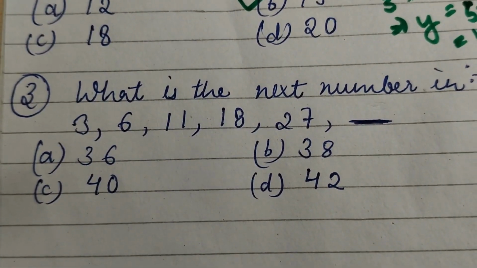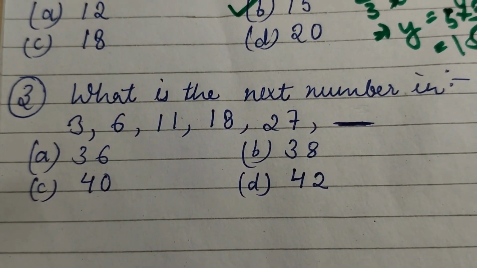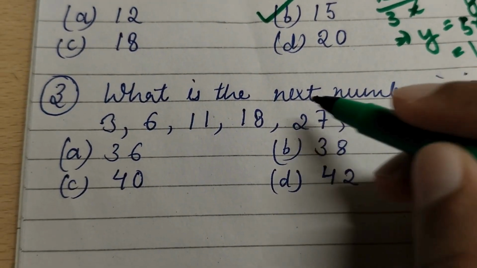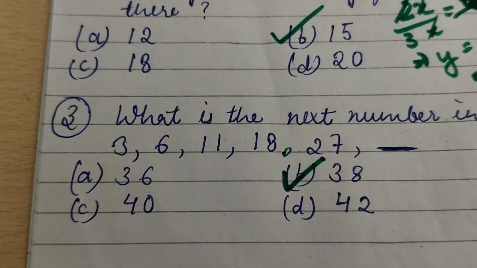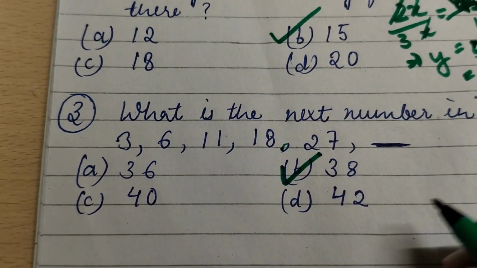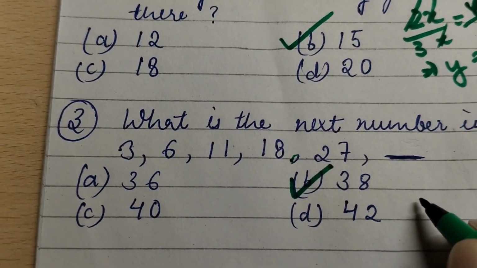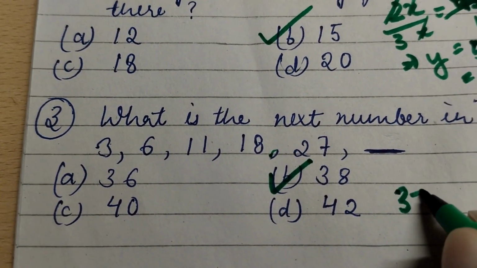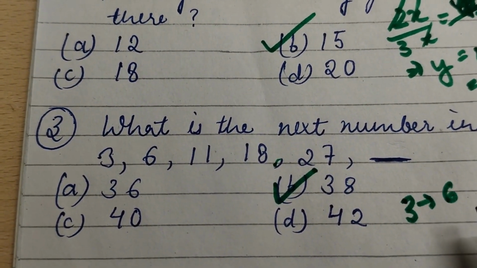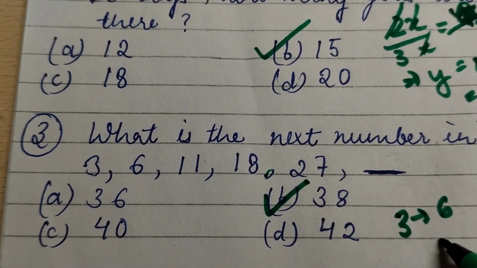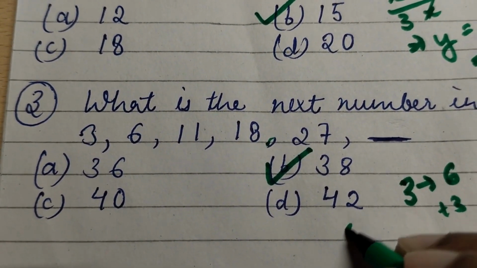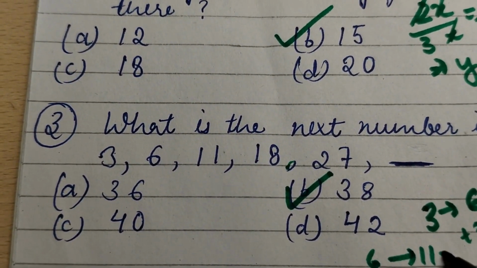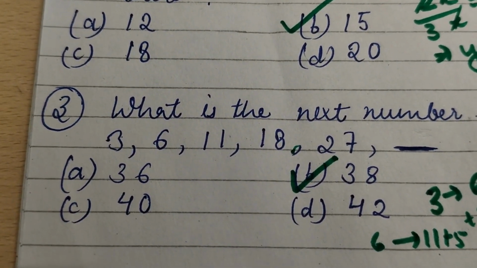So the answer is B, 38. Now it is because from 3 to 6 we have plus 3, and for 6 to 11 we have plus 5.